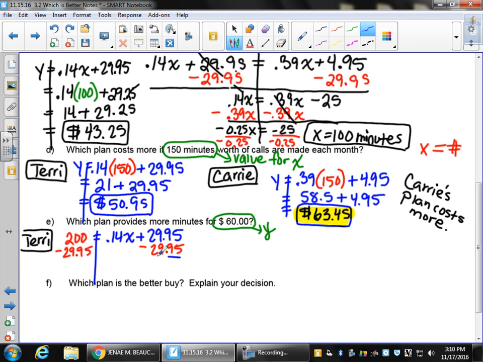Draw my line all the way across. Neatness is key. 200 minus 29.95 is 170.05.